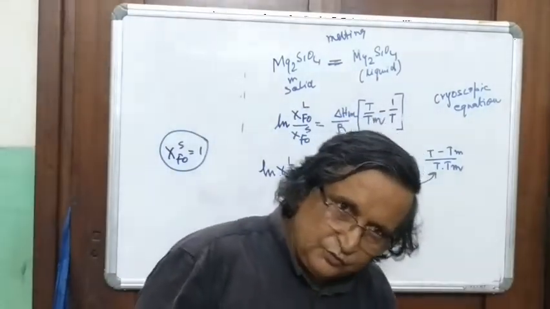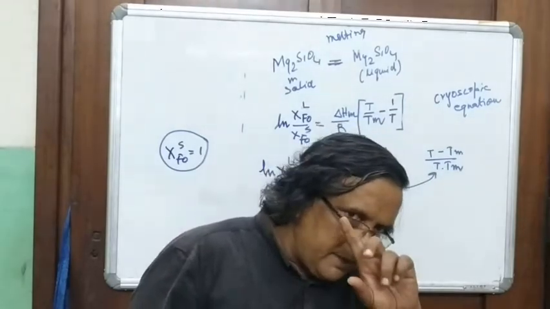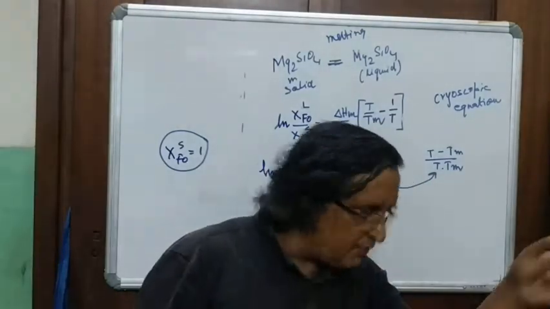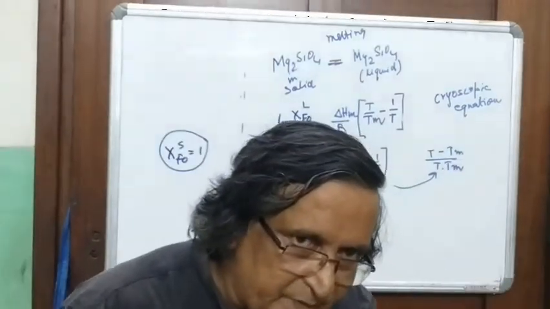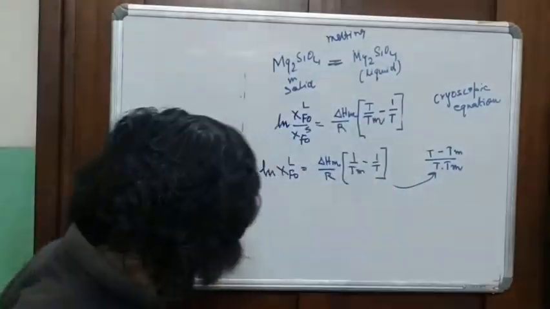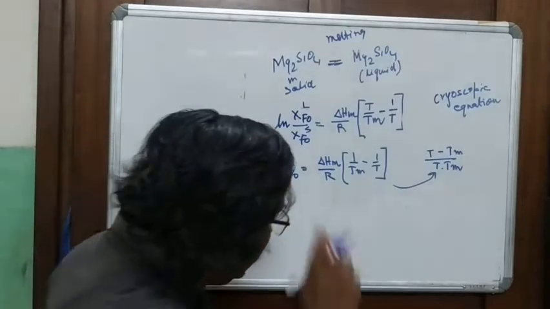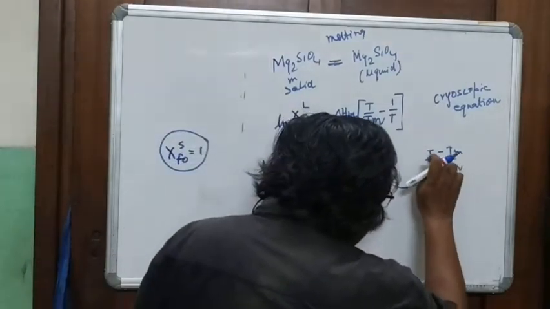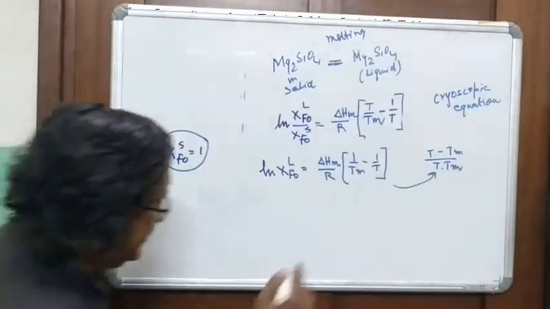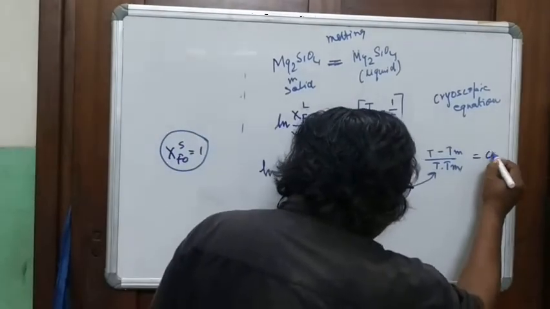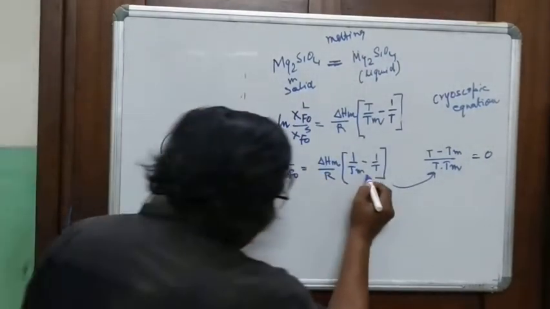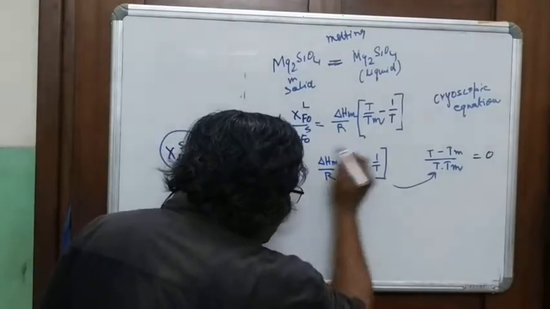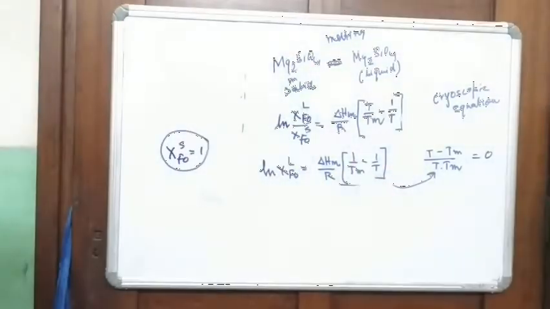have you understood? What is Tm? Tm is the temperature of melting of the pure forsterite. What is T? Melting of the forsterite in the liquid could be an impure solid, although we have taken it now as X forsterite. Now, if Tm is equal to T, then this term is equal to 0. Yes or no? If this term is equal to 0, then this whole term is equal to 0.